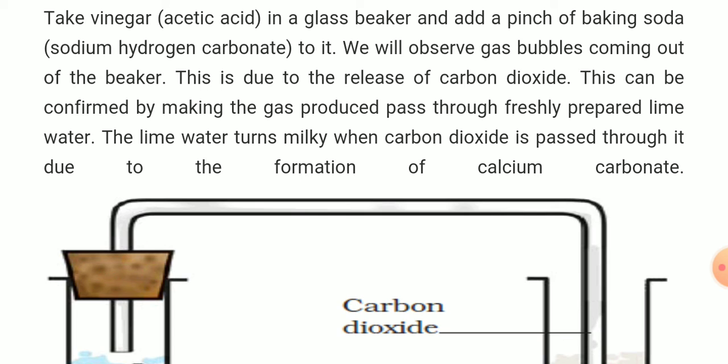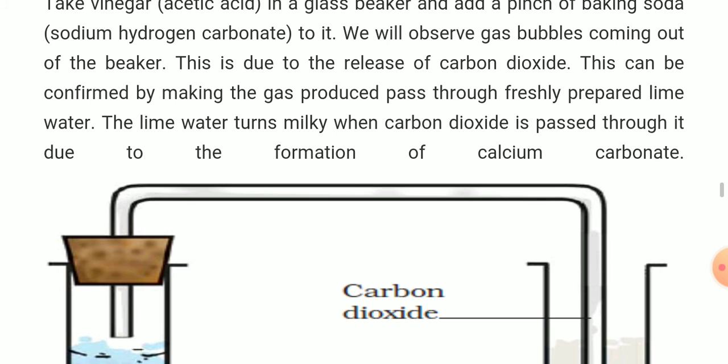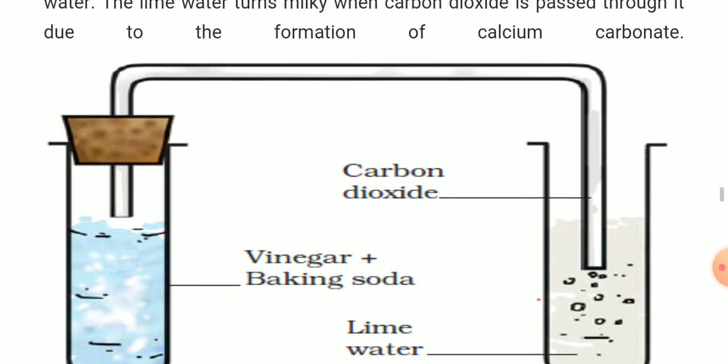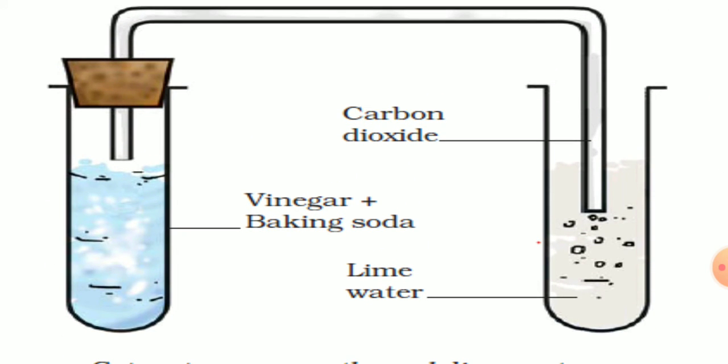The lime water turns milky when carbon dioxide is passed through it due to the formation of calcium carbonate. You can see the diagram. In the left side beaker, there is baking soda and vinegar, and in the right side beaker, freshly prepared lime water is there. Now connect both beakers with a pipe.